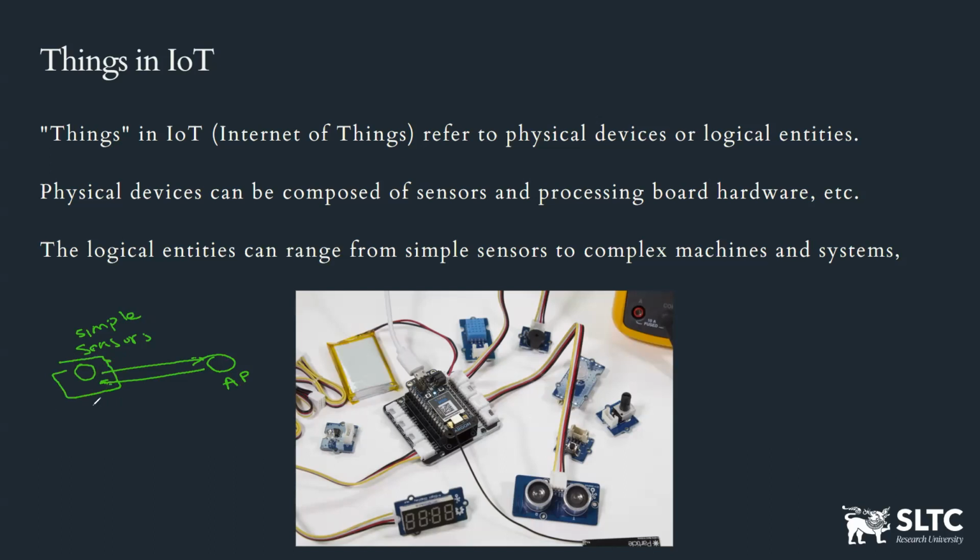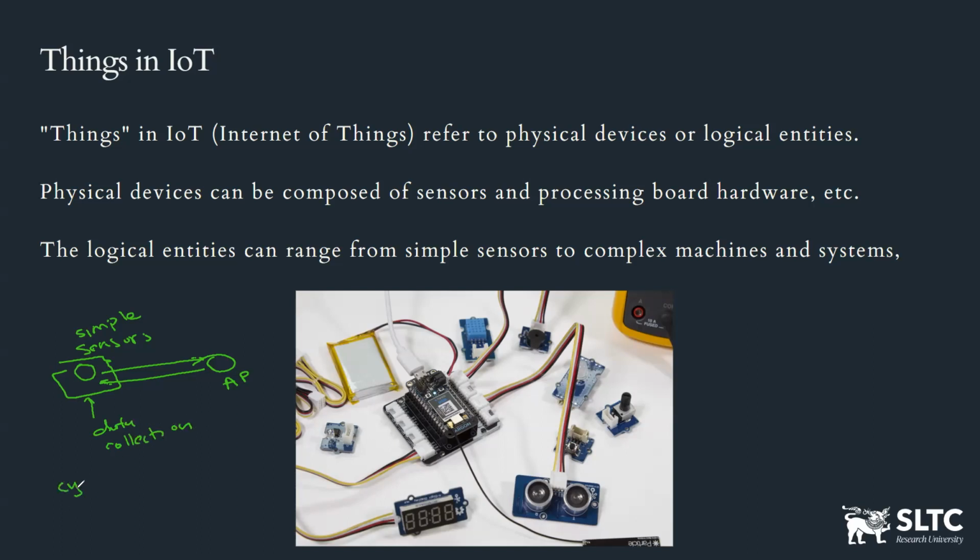This edge device can have simple sensors. Apart from that, as I said, we can have complex machines also. So in IoT, we mostly have simple data collection at the edge of the network.